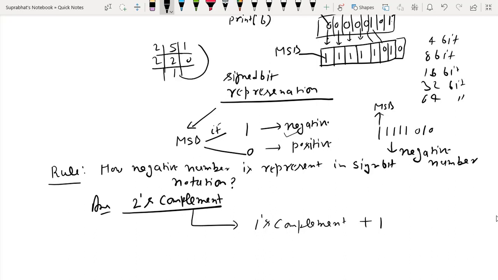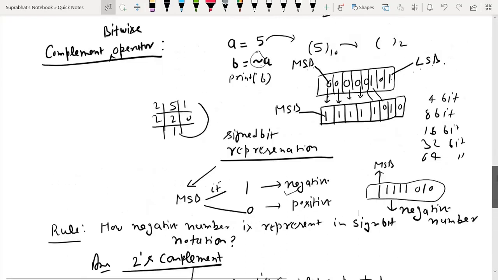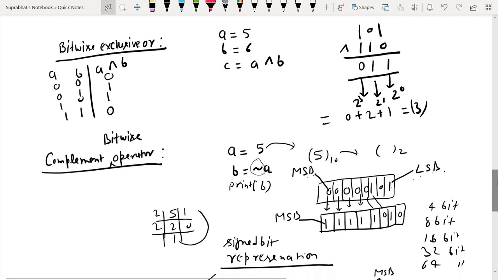Now look, this number that you see here, its 1's complement, meaning the complement we took, this is what we called 1's complement, which we did here. This is called 1's complement. We had done 1's complement. 1's complement means reverse the bits, where a 0 becomes 1 and a 1 becomes 0.